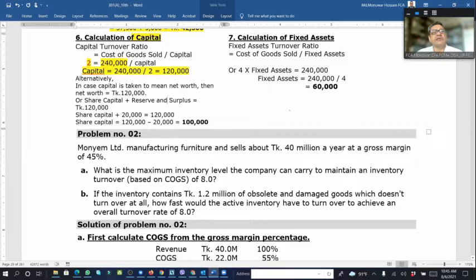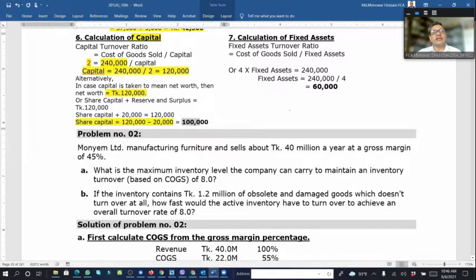We can alternatively calculate the capital. In case capital is taken to mean net worth, then net worth, or share capital plus reserve and surplus, is 1,20,000. From that 1,20,000 if we subtract 20,000, because reserve and surplus is another component, but total capital includes the reserve and surplus.